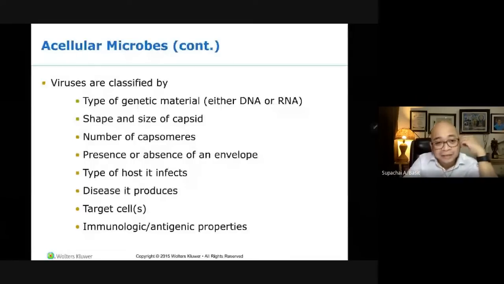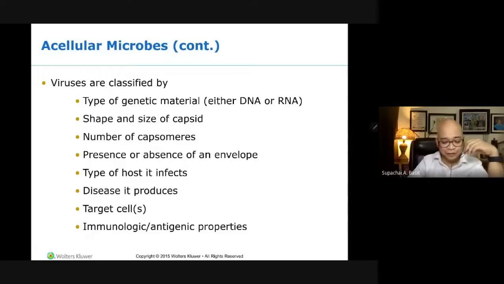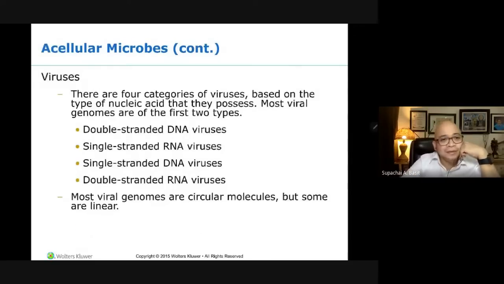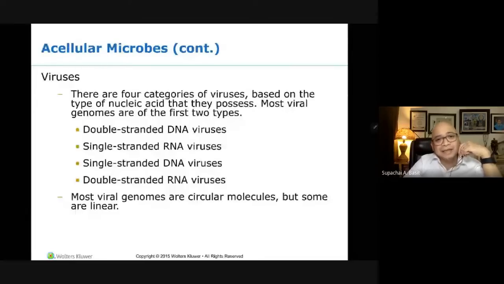So then the target cells, and then the immunologic or antigenic properties. So these are the different classifications of the viruses. As I've shown you in the graph a while ago, there are four major categories of the virus.